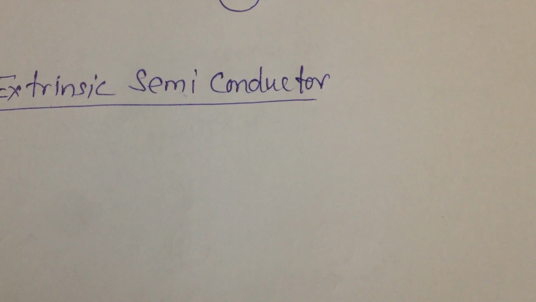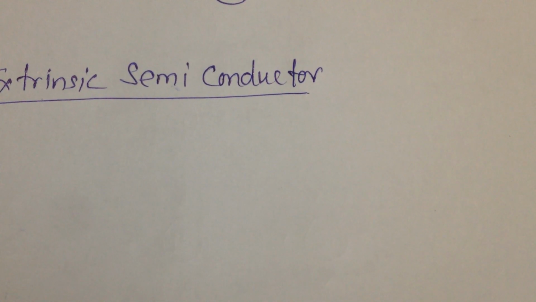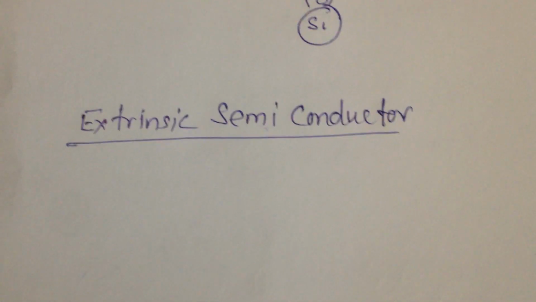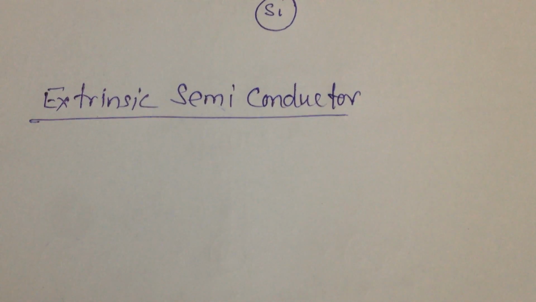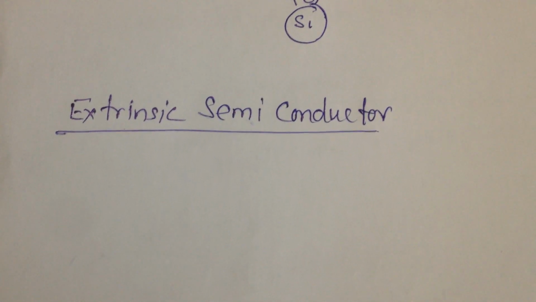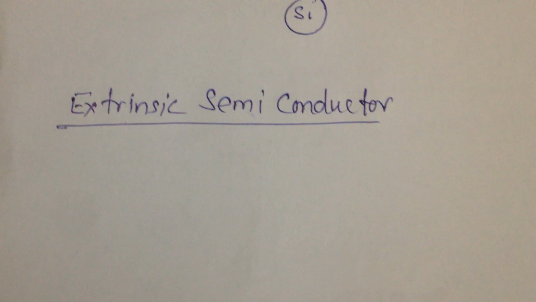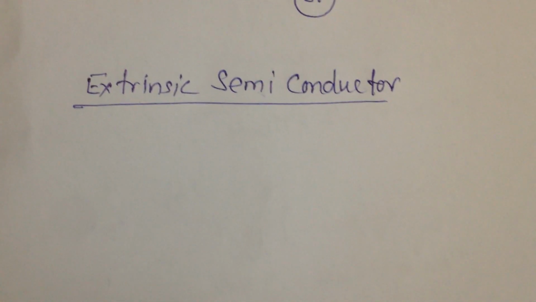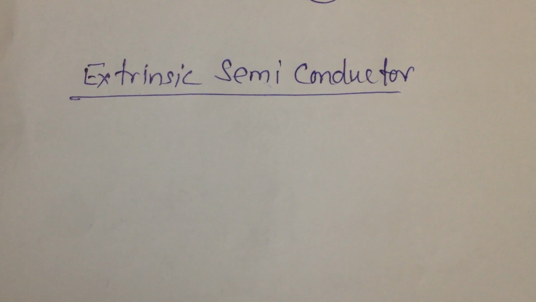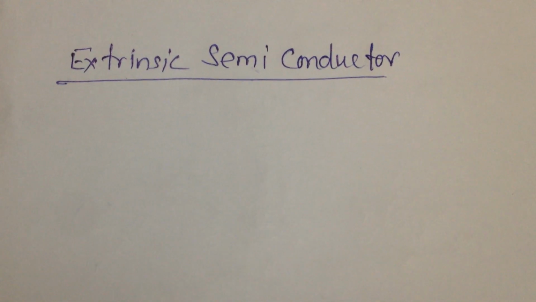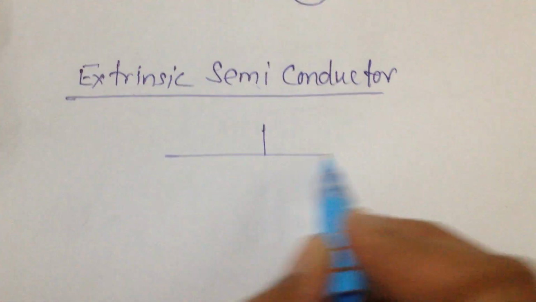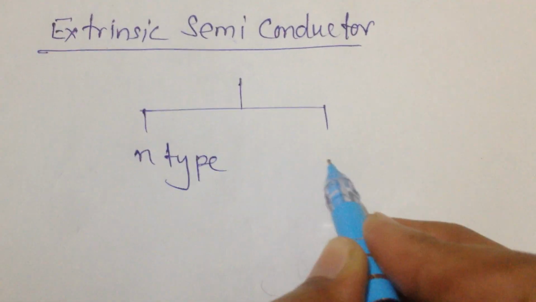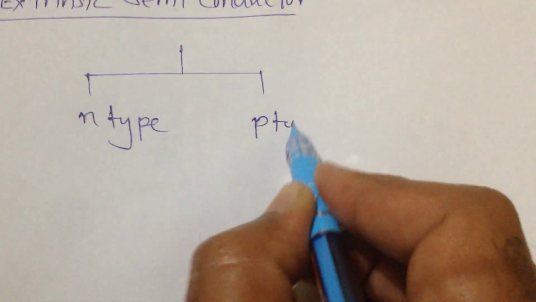The impurity we add may be a trivalent impurity or a pentavalent impurity. Based on the impurity added, extrinsic semiconductors are further divided into two categories: N-type semiconductor and P-type semiconductor.